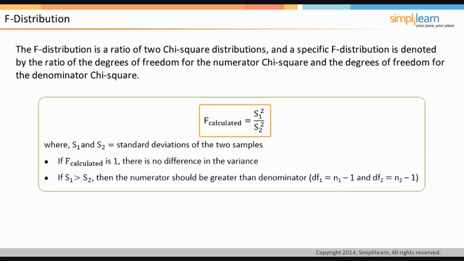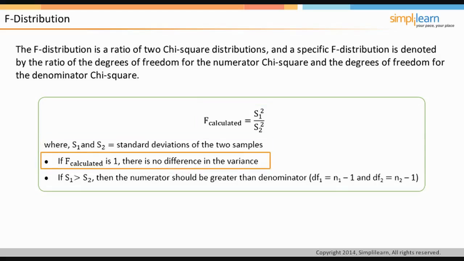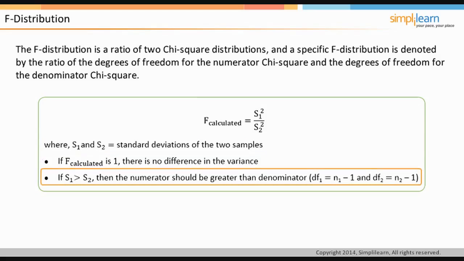As per the formula, f calculated equals s1 square divided by s2 square, where s1 and s2 are the standard deviations of the two samples. If the f calculated is 1, it implies there is no difference in the variance. If s1 is greater than s2, then the numerator must be greater than the denominator.